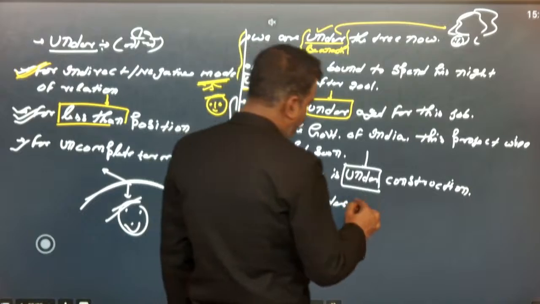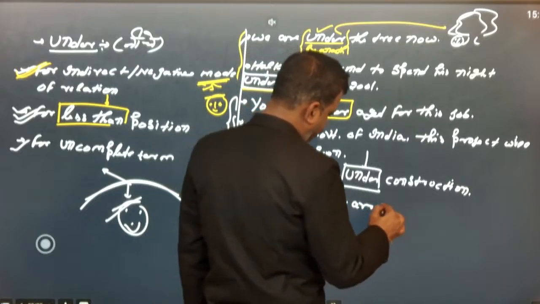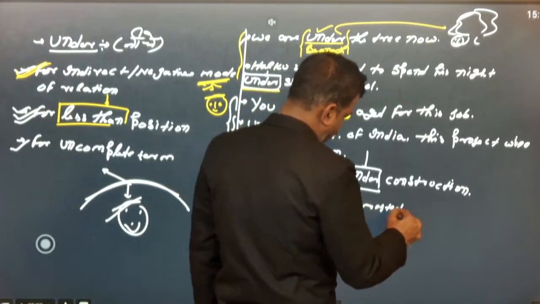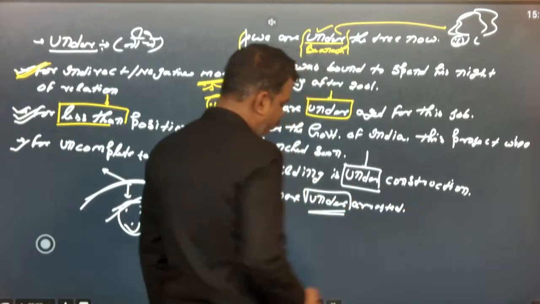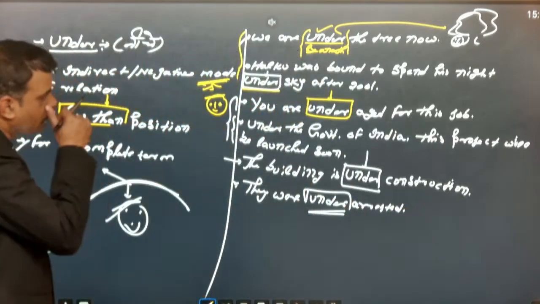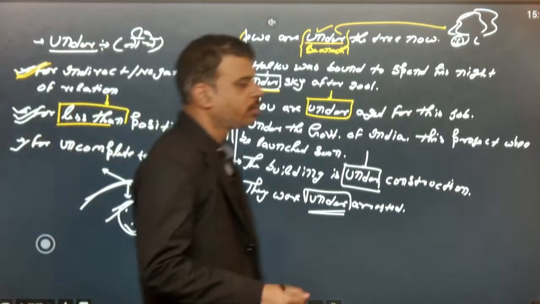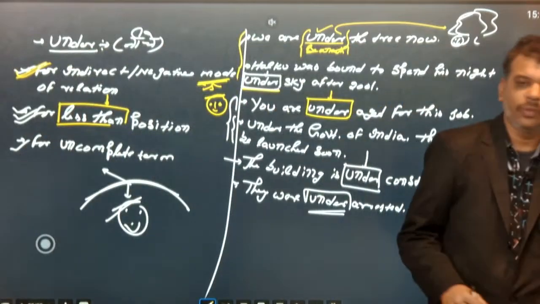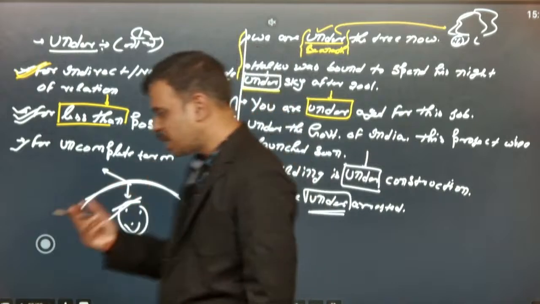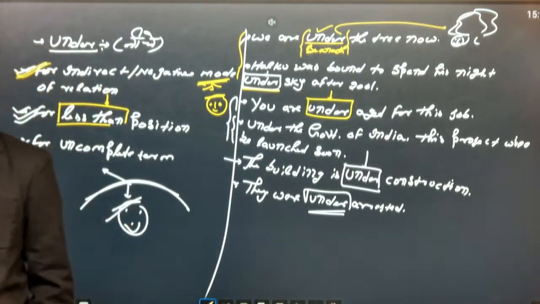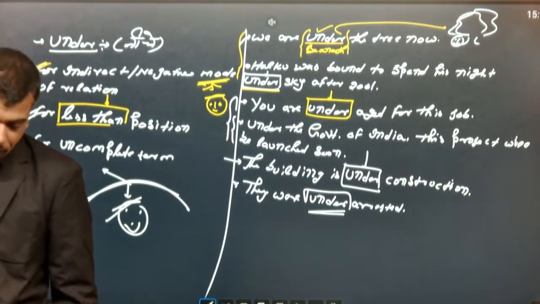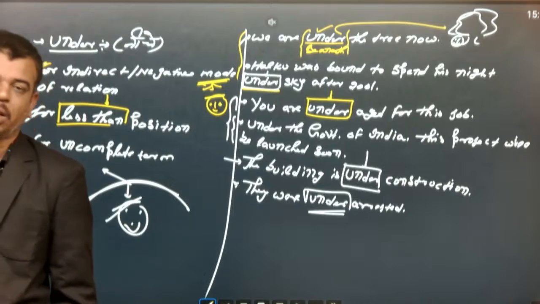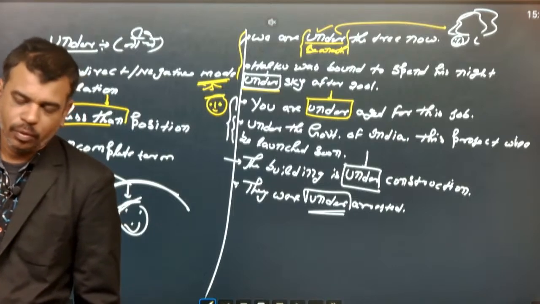They were under arrest. Under threat. So whenever we have a negative impact for that person or condition, we go with under. When anything is less than the required condition, we go with under.